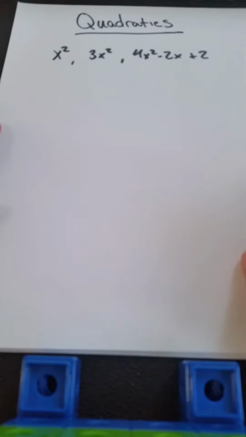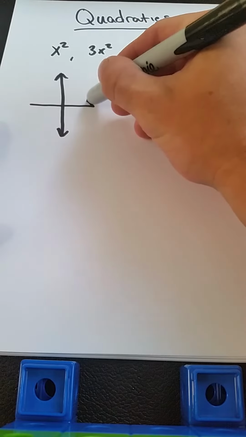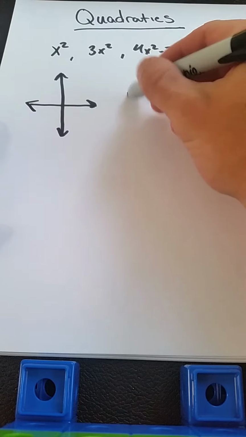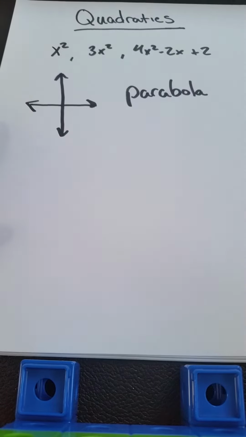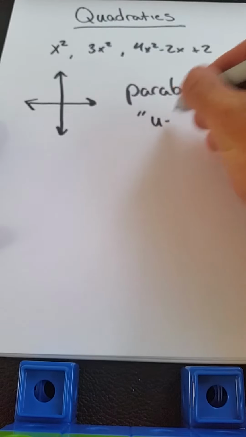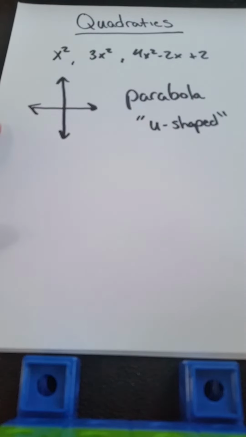Now, the things that you know about the graph currently. The graph of a quadratic is what's called a parabola. Parabolas graph like U's, so they're U-shaped. And the way that we tell the solutions to a quadratic equation is by the x-intercepts.